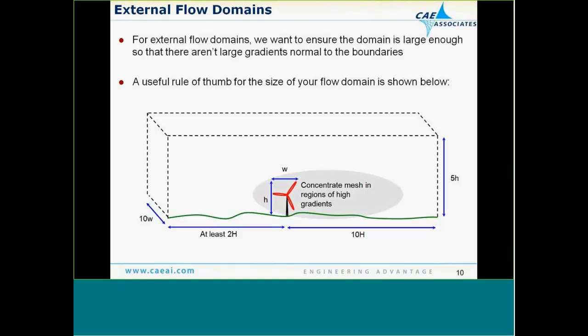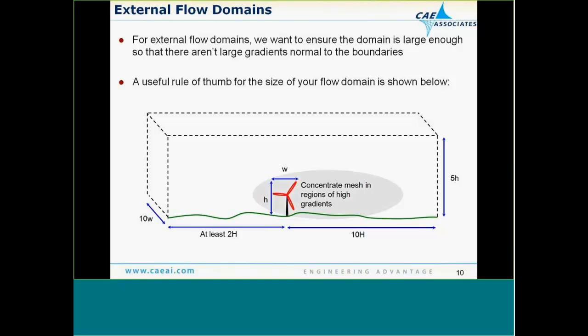So if we have a problem like we have here where we have a wind turbine and we have air coming from the left to the right and flowing in one predominant direction, I'd like to use this useful rule of thumb where I use the dimensions of the object that the air is flowing around and use that as the basis for the size of my flow domain.